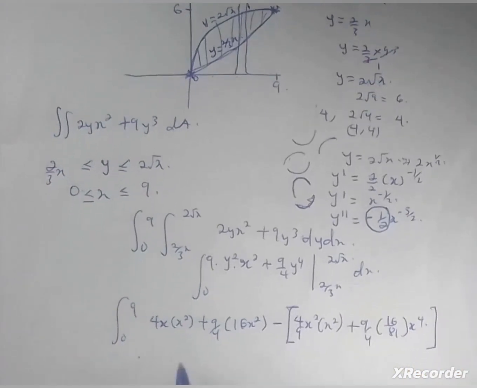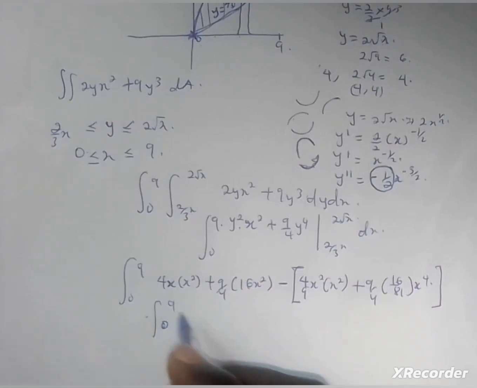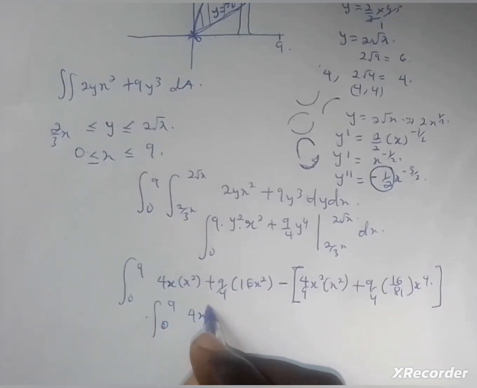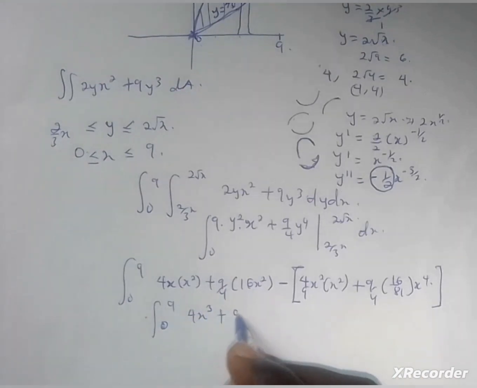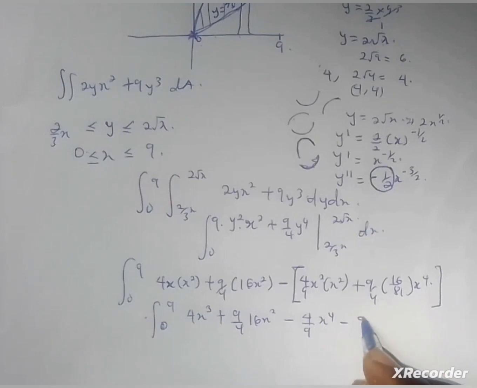Yes. So I further simplify this and I'm going to get integral 0 to 9 of 4x to the power 3 plus 9 on 4, 16 x squared, minus, this place will give me 4 on 9 x to the power 4, then minus 9.